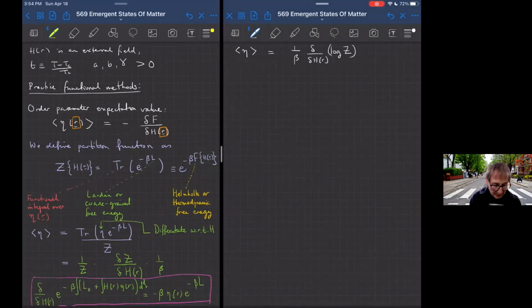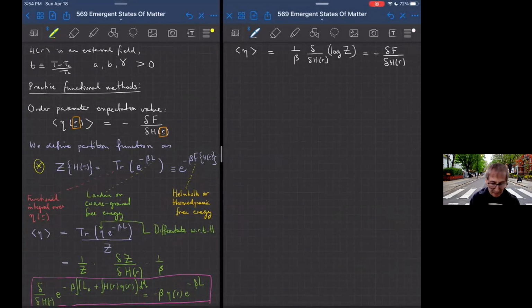And the partition function, Z over here, is equal to e to the minus beta F. And so this then is minus dF by dh of r.